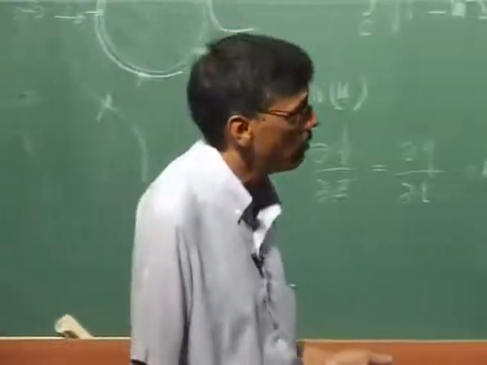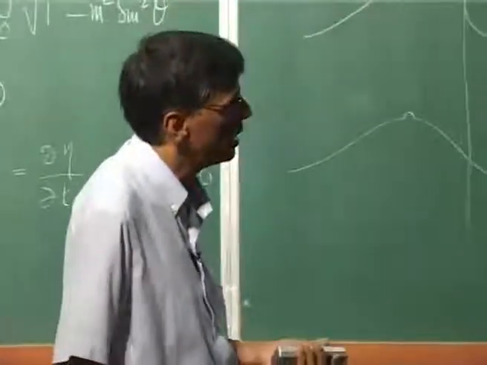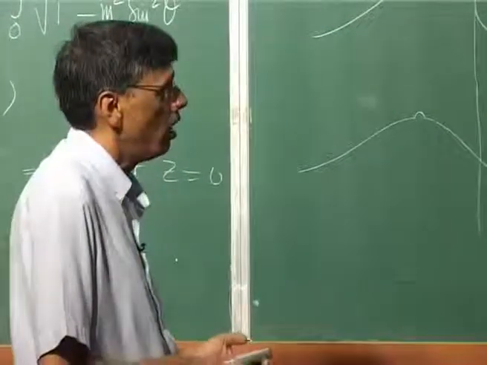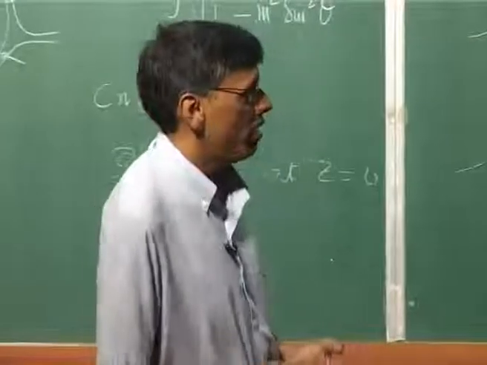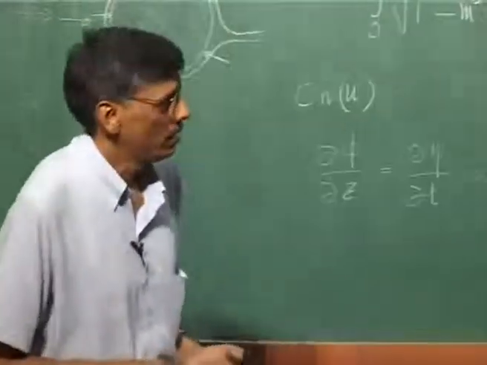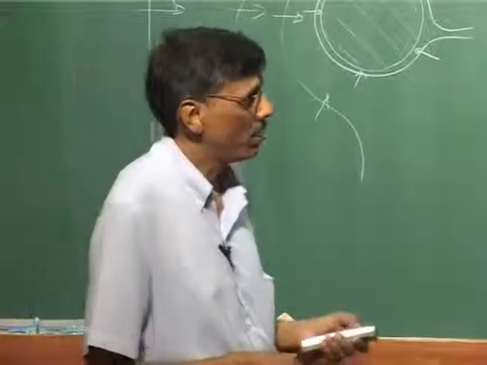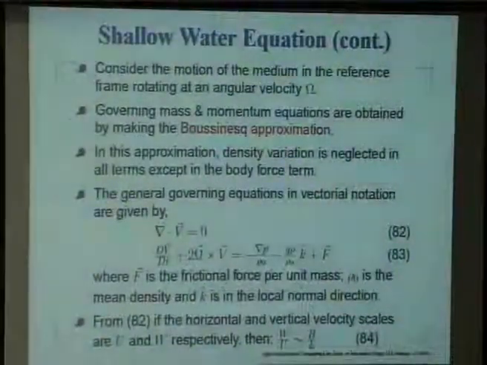So, come back to your conditions of mechanics once again, and we will look at the governing equations stating the mass and momentum conservation. This could be obtained via the Boussinesq approximation.